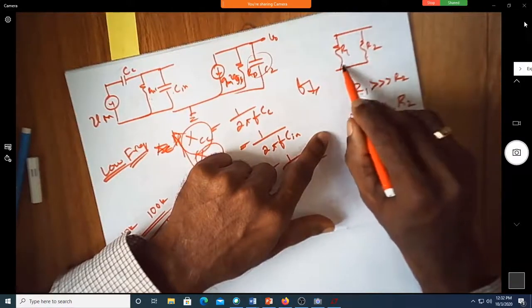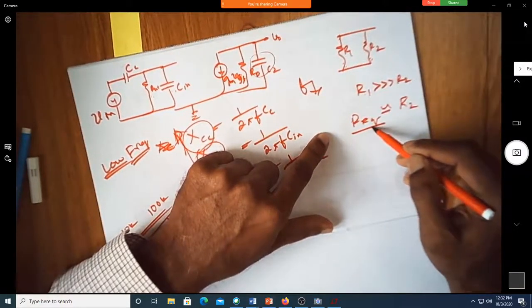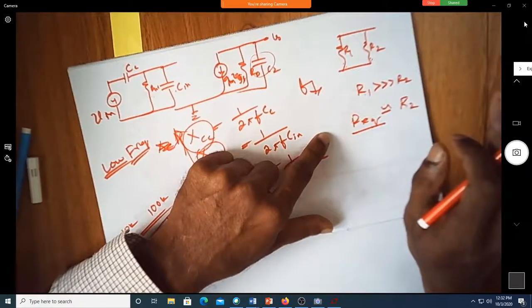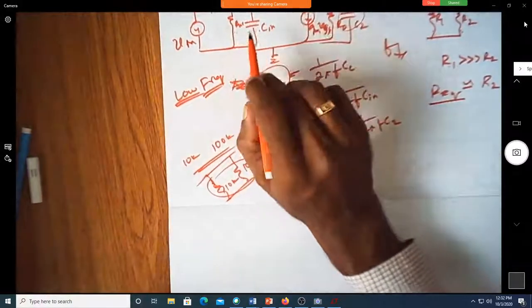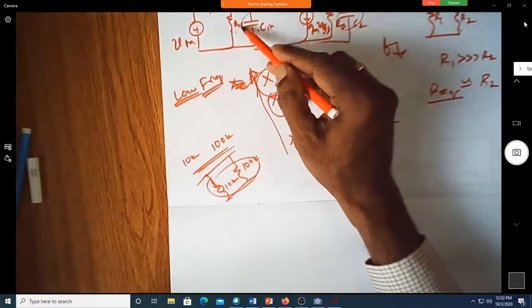When these two resistors are in parallel, if one is very large, the equivalent resistance is close to the smaller one. So in this case, at lower frequencies, the reactance offered by this is very high.